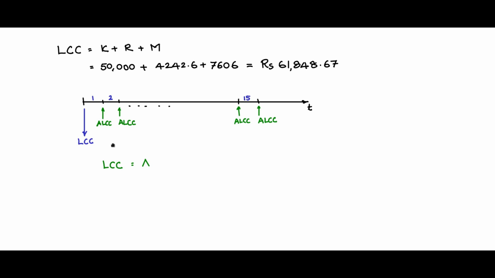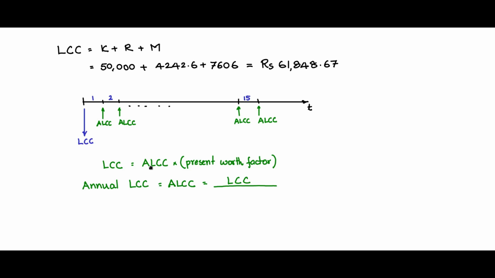LCC is equal to the present worth is equal to annual equal cost, this is a geometric progression, into the present worth factor. And we know how to calculate the present worth factor. Therefore, ALCC, the annual LCC, is equal to LCC divided by present worth factor.